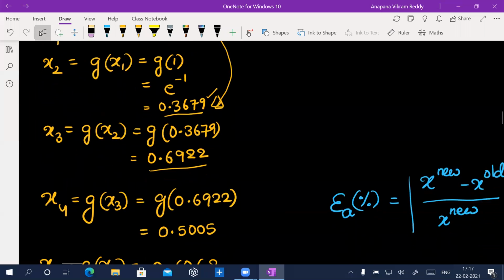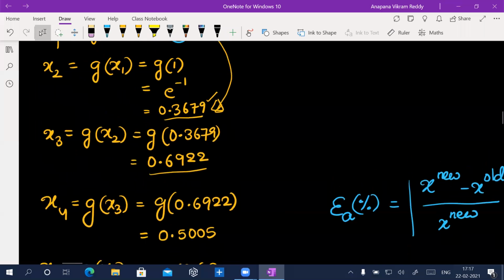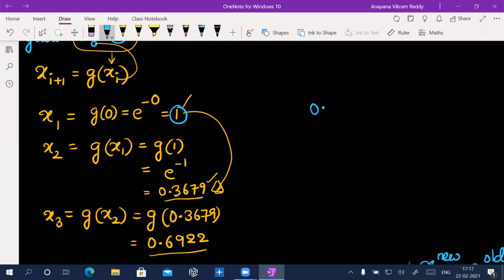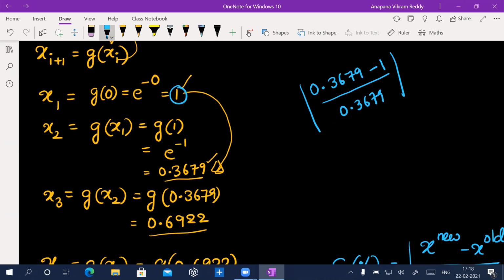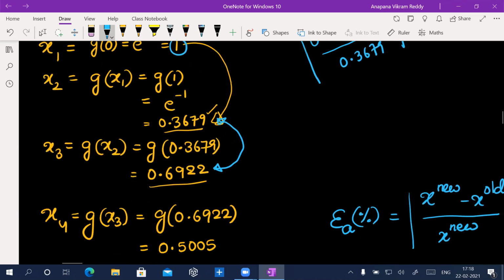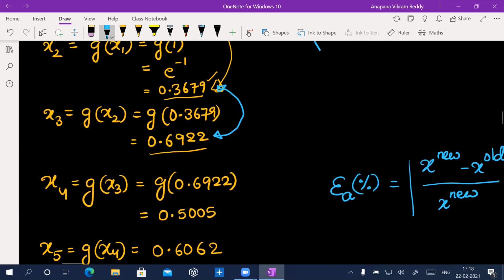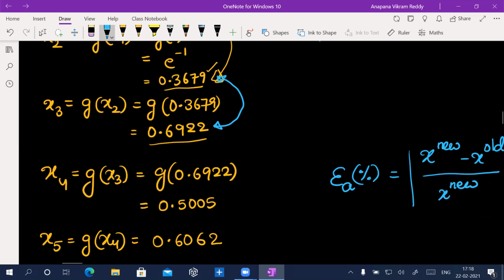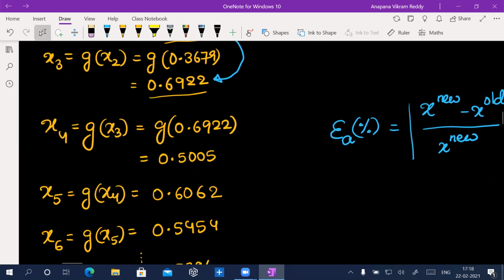Then again, I do this: 0.3679 minus 1 by 0.3679. Then for the next, I take 0.6922 minus 0.3679 by 0.6922. So on you do for every iteration. And then you will observe that you have some kind of linear convergence.